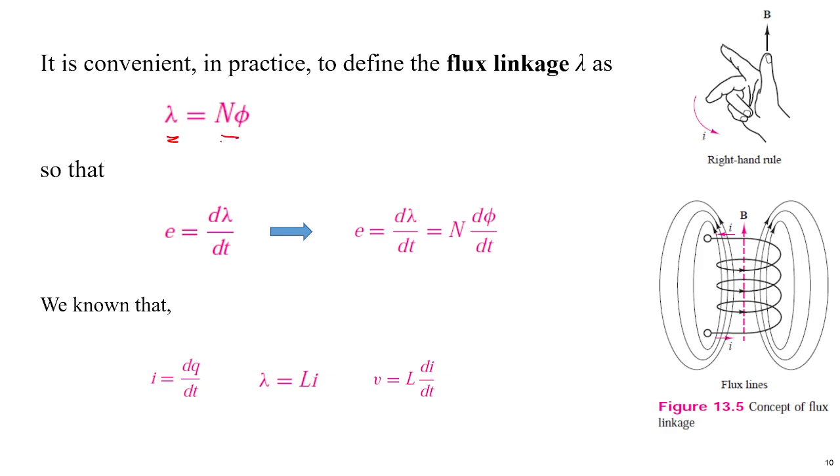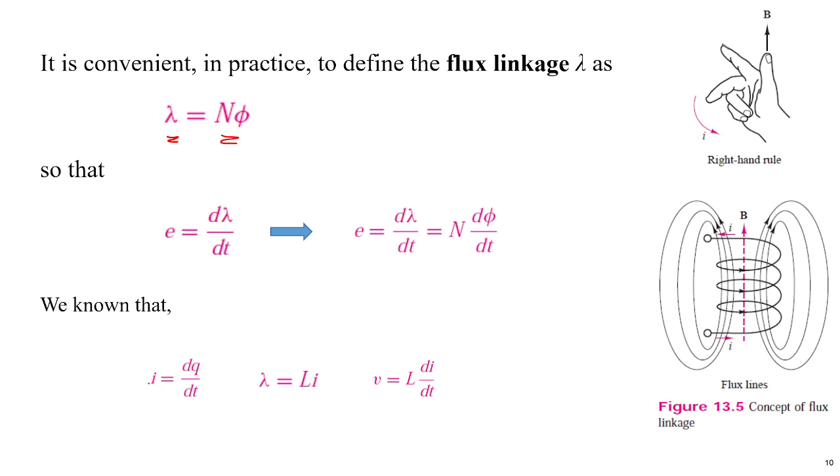Total flux is equal to N into flux per turn, where N is the number of turns of the coil. Then E equals d lambda by dt, or N d phi by dt.